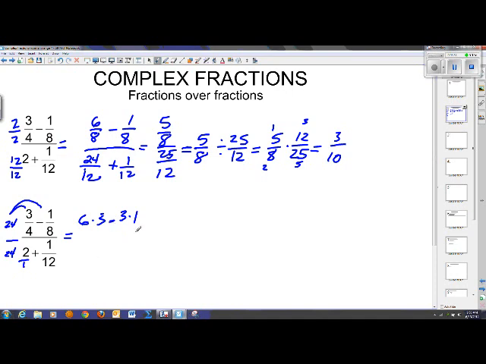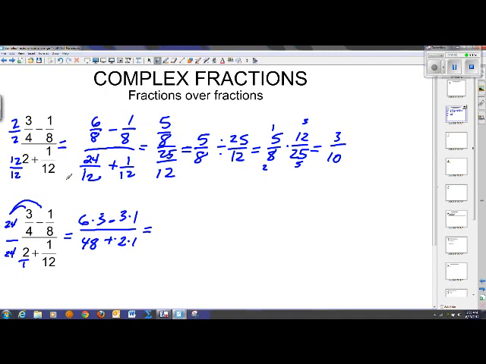Now, next. In the denominator, I'm going to have a 48 because 24 times 2 is 48. The 12 and the 24 are going to reduce to a 2, giving me a 2 times a 1. Notice what I have left.